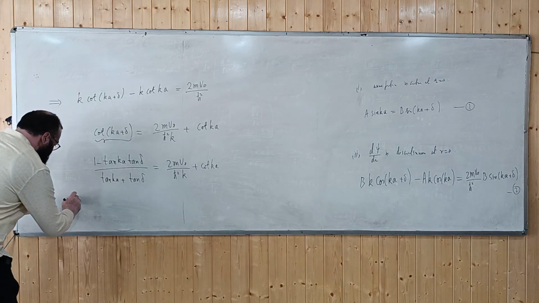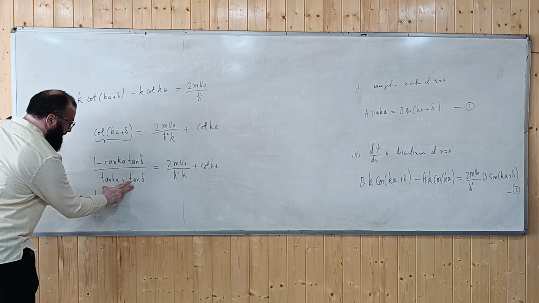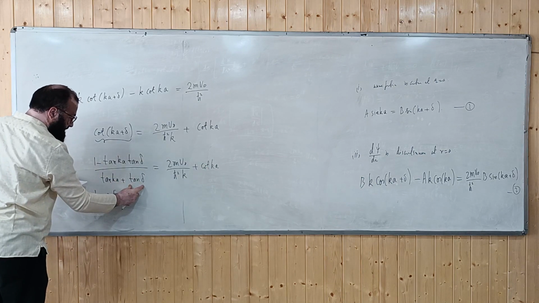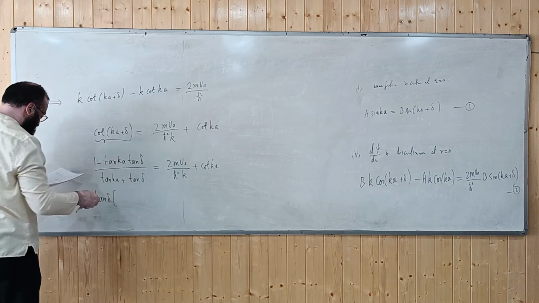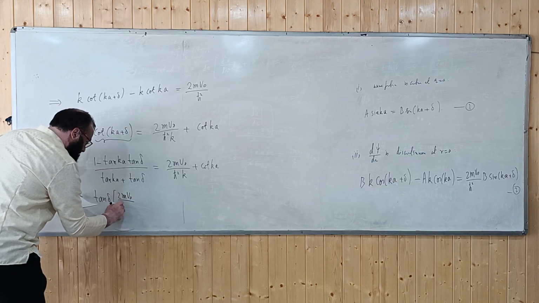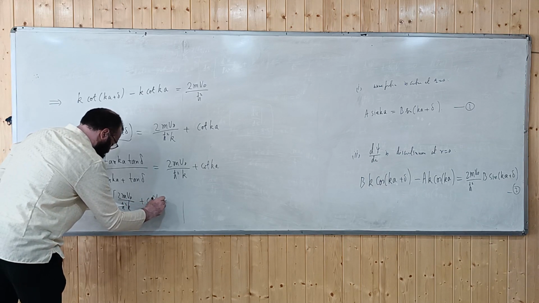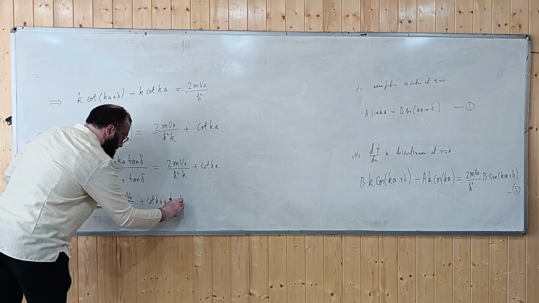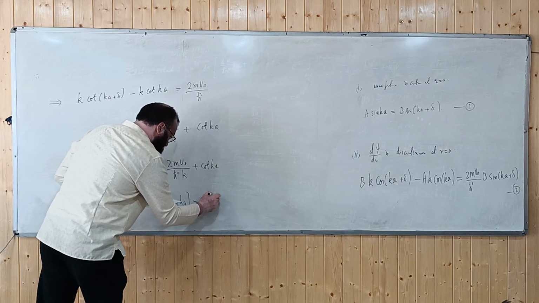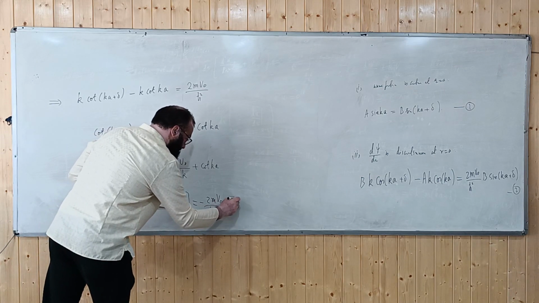So this gives me tan of delta multiplied by this entire object, and you are having tan of Ka here, so it will be twice m v naught by h cross square k plus cot of Ka plus tan of Ka. So it's equal to minus twice m v naught by h cross square k tan of Ka.